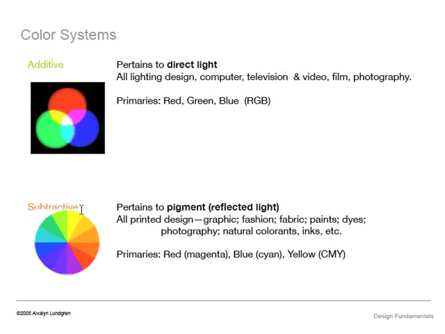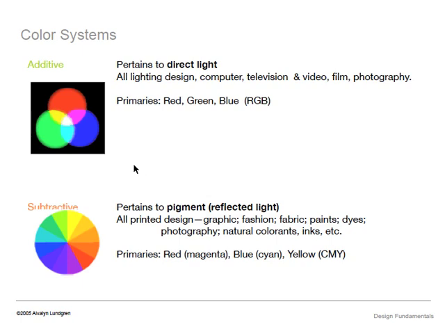Subtraction is anything that's printed, anything that is object-oriented or reflected light. So it pertains to reflected light. It's the more traditional understanding of red, yellow, blue in terms of primaries. Whereas additive is RGB, and that should spark some familiarity with some of you, at least.